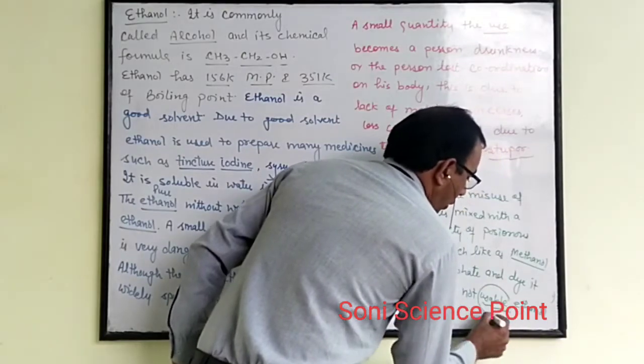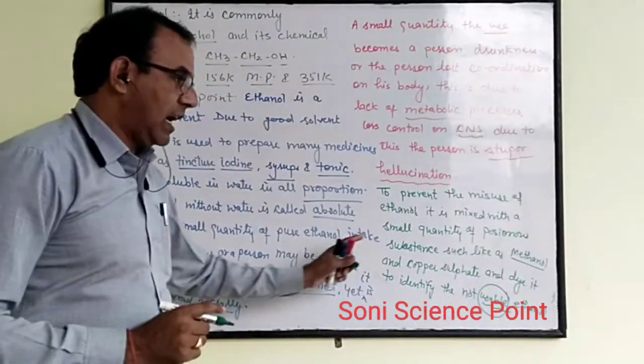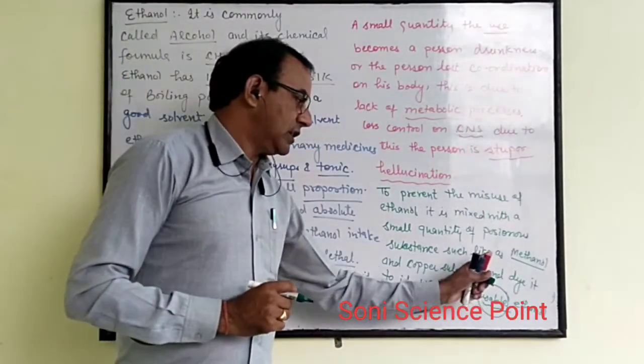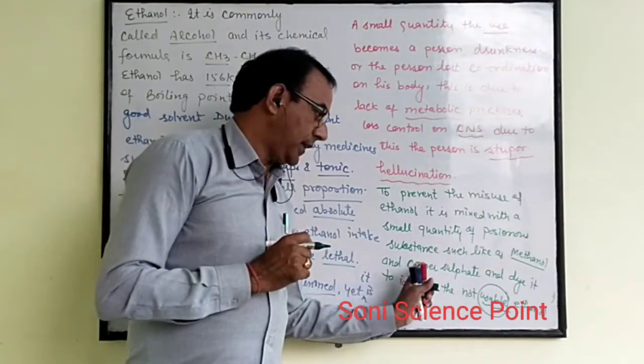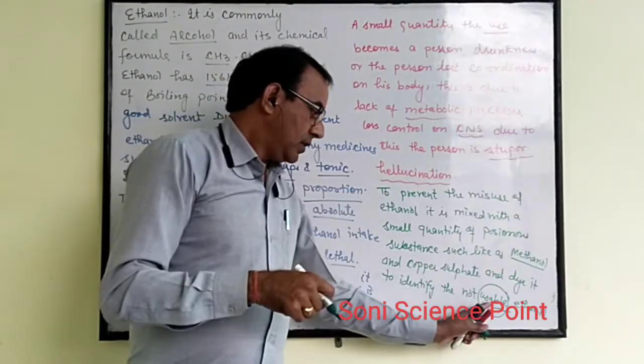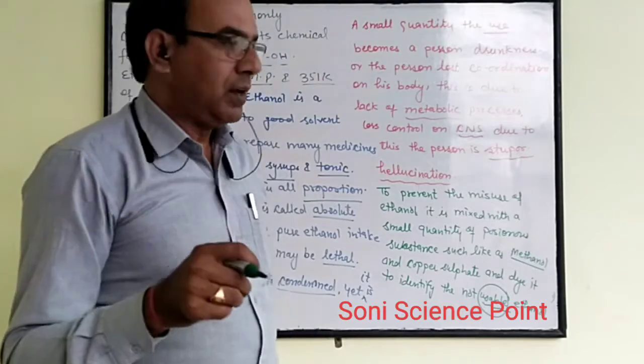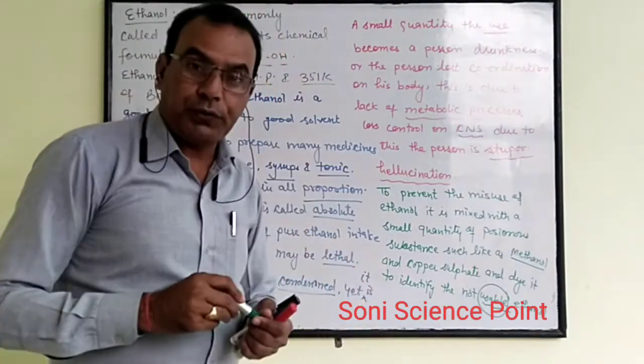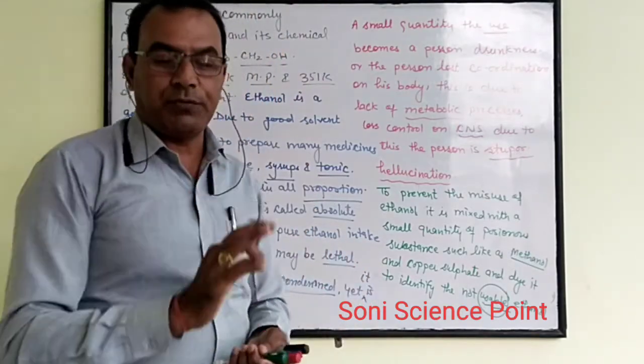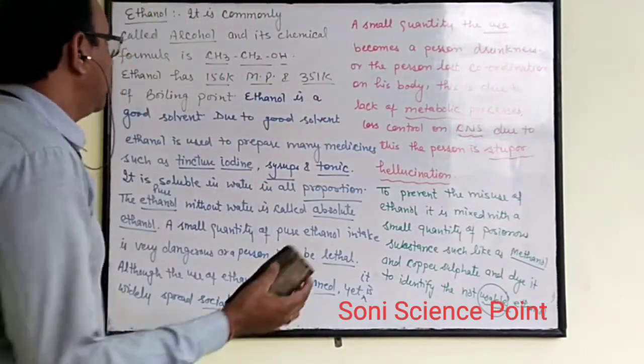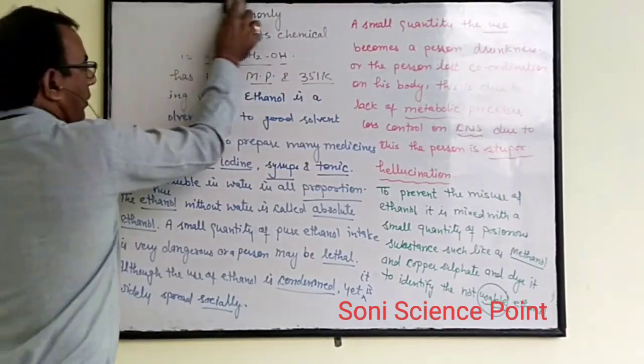Why is it not usable? It is not drinkable. This type of ethanol, mixed with methanol or copper sulfate and dyed, is not fit for drinking, and it is called denatured ethanol.